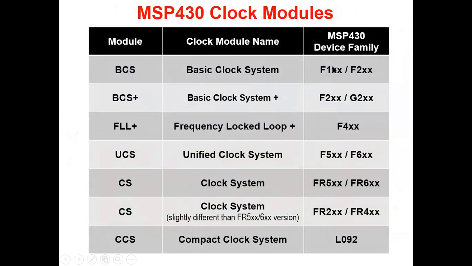These are for the F1 series, BCS plus for F2 and G2, FLL plus for the F4 series, UCS for F5 and F6, CS for FR5 and FR6, a slightly different CS for FR2 and FR4, and the compact clock system for L092. In this way, we have various clock modules.